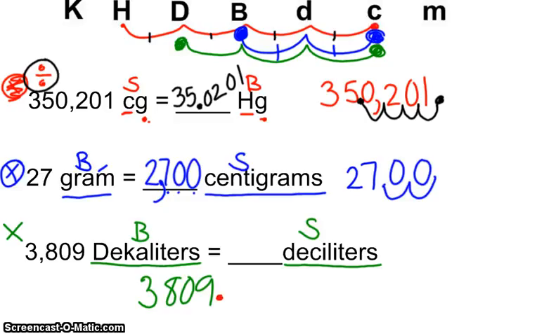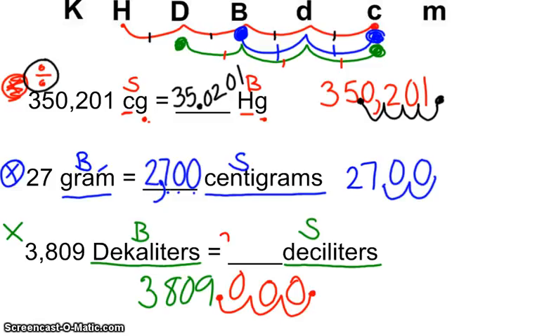Okay? And how many places did we travel? 1, 2, 3. So I'm going to go 1, 2, 3. And plug in some zeros. Now remember, I moved it. When I traveled, this decimal no longer exists. It moved to right there. Okay?